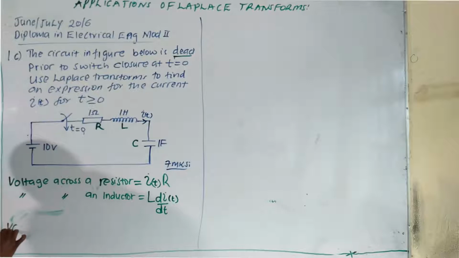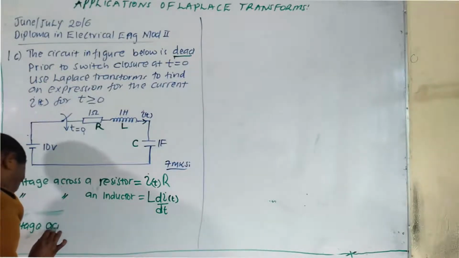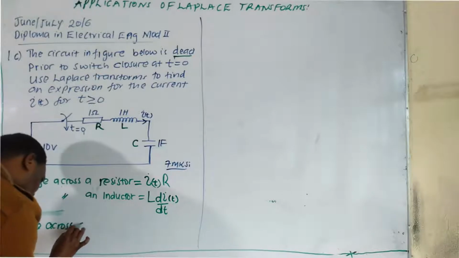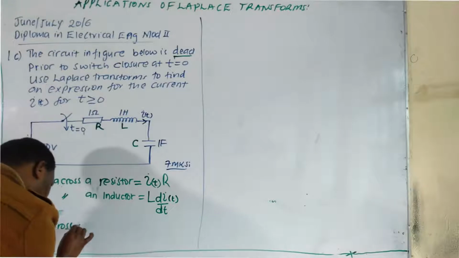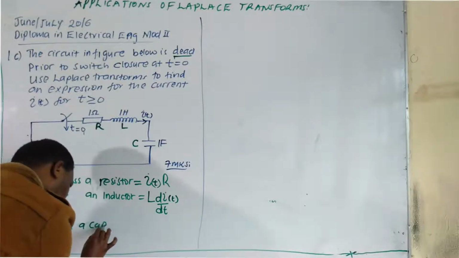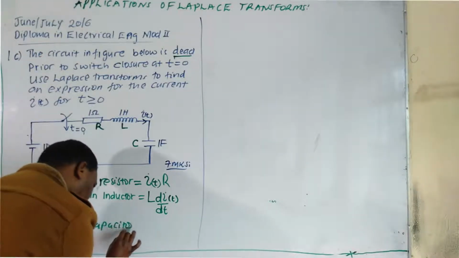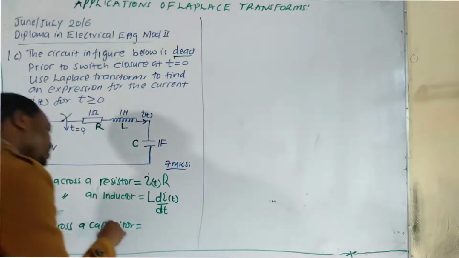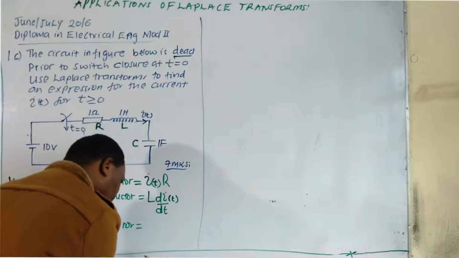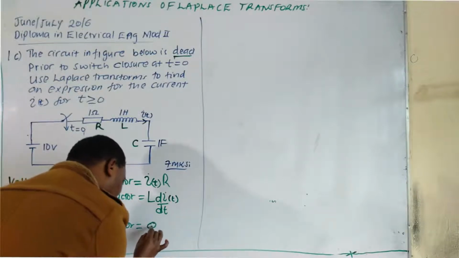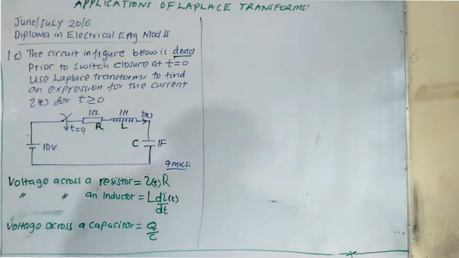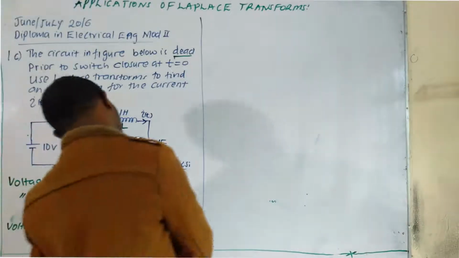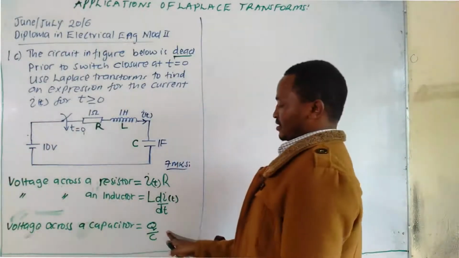The voltage across a capacitor is equal to charge over capacitance.